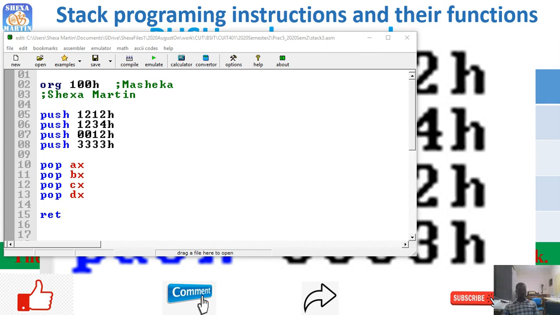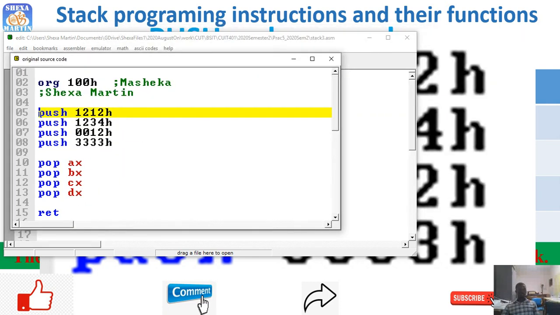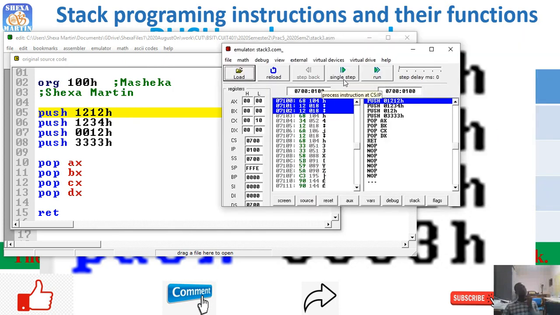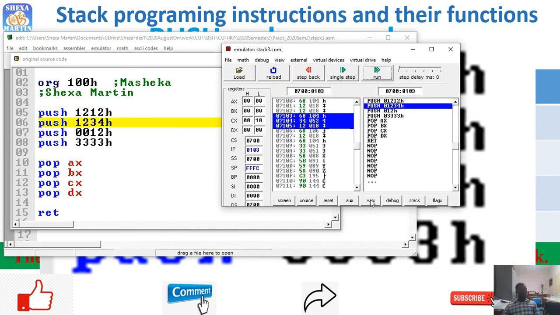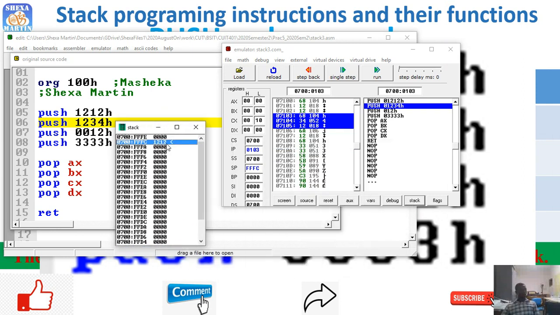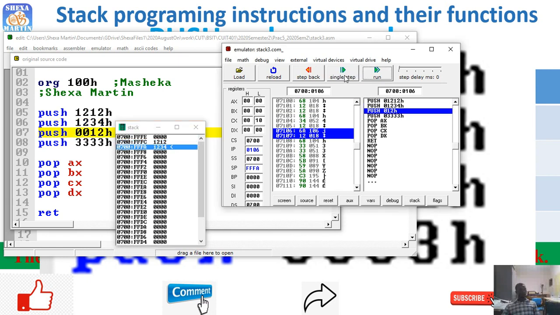Right, so here we have instructions, and here we have emulation. Like we said, let's just see what's happening on the stack. So here's the stack 1212, and this is the stack pointer, this angle bracket. Look at the value that it's pointing at. That's the value at the top of the stack, 1234.